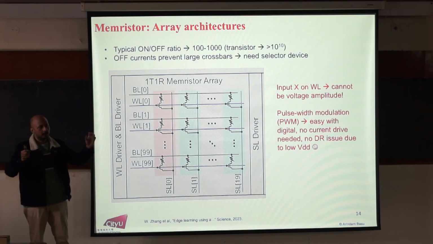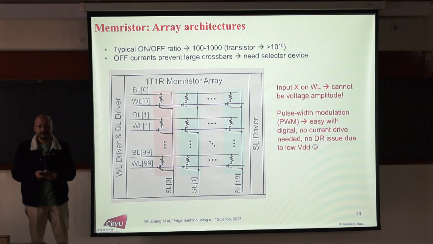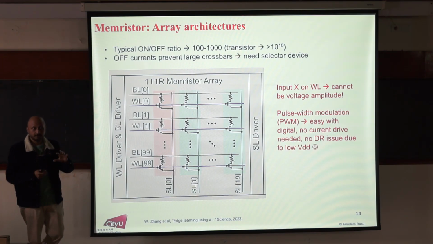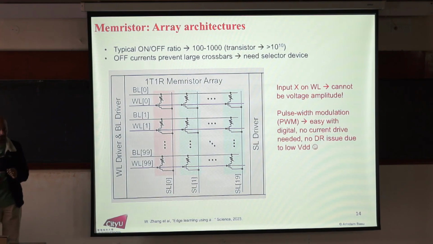I have a column of 100 off devices, and then when I'm reading the current, it looks like there is one on device. So that's a problem. I can't make very big arrays just because of this reason. So people started coming up with a different architecture. They need something called a selector device, where you see this additional MOSFET in series with this resistor.